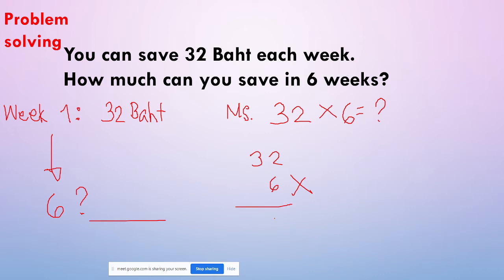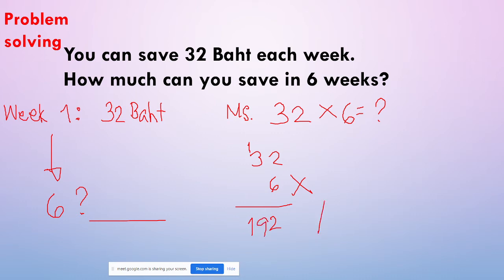2 times 6 first. 2 times 6 is 12. 6 times 3 is 18. 18 plus 1 is 19.